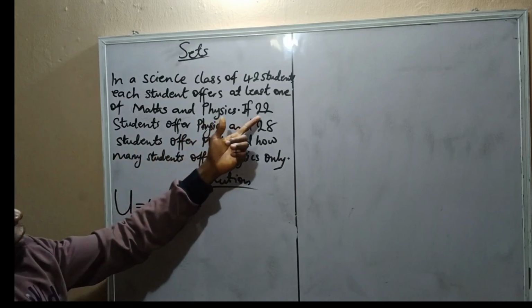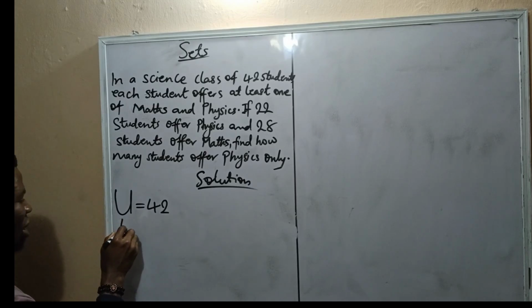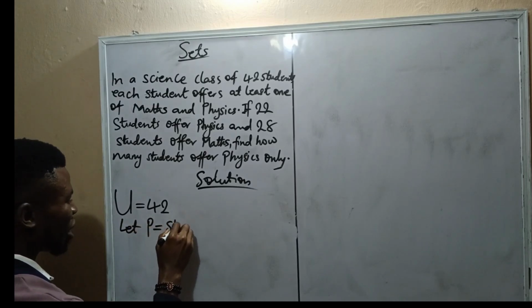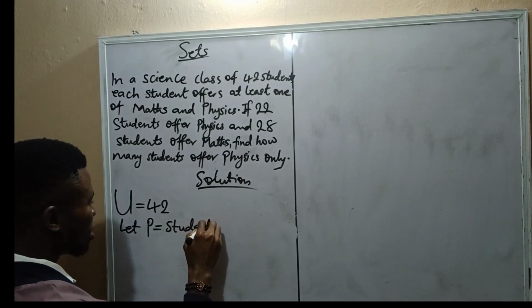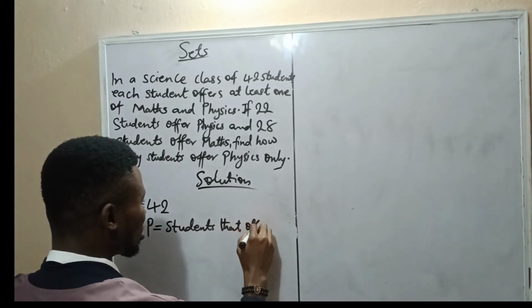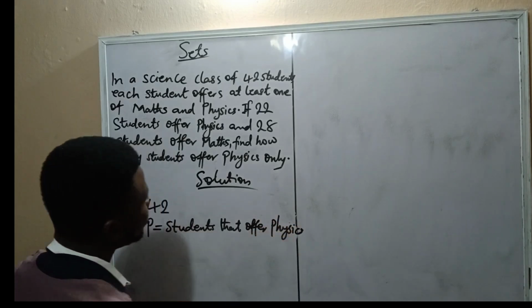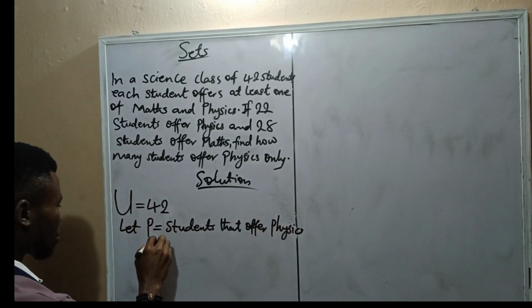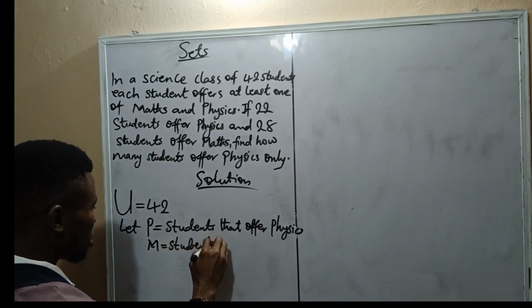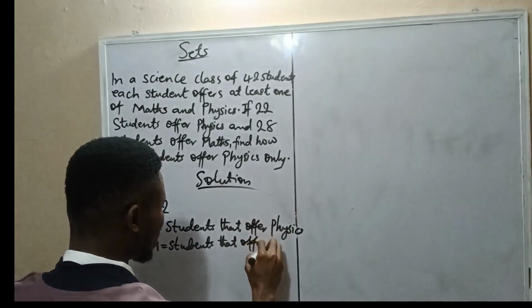Now, if 22 students offer physics, let P equal students that offer physics, and M equal students that offer mathematics.